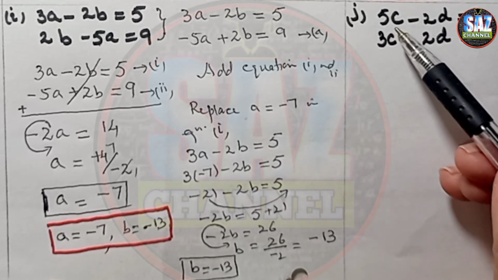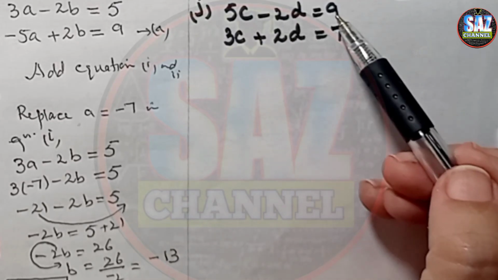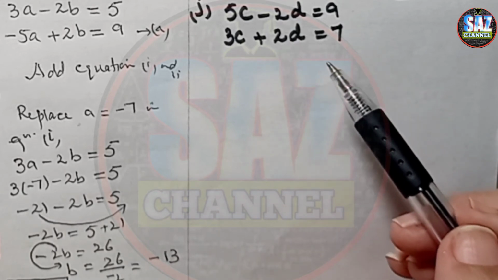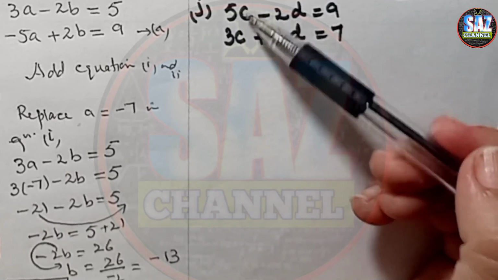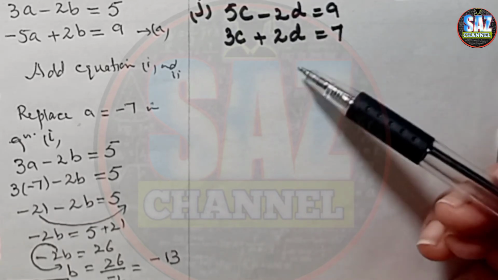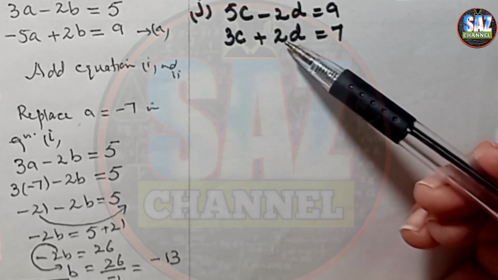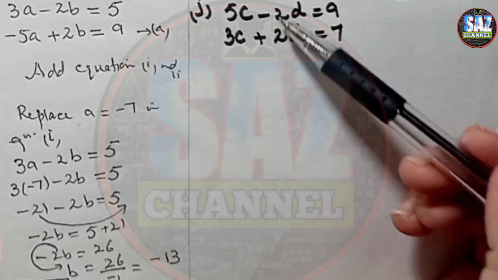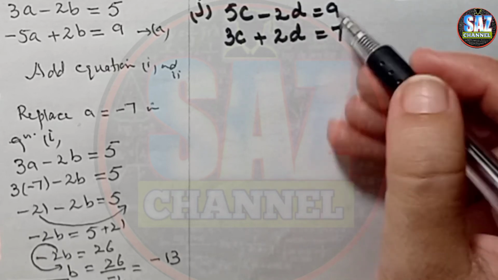Let's move to the next part of the question, that is 5c minus 2d equals 9 and 3c plus 2d equals 7. Again, we can see both the equations are arranged properly, like variables are placed under like variables. Now I have to decide which variable has the same coefficient with opposite signs. So d has the same coefficient with opposite signs.